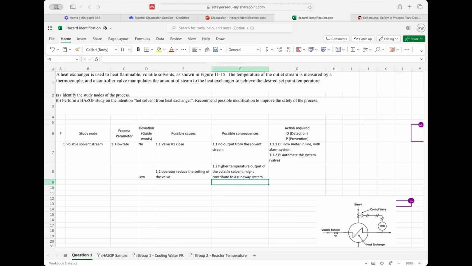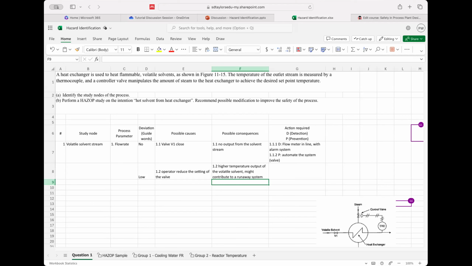When we say a runaway system, if it's going to a reactor or a mixer, you can imagine with a higher temperature, if it's supposed to come in at 25 and go out at 50, but because we lowered the flow rate, it goes to the next process at a higher temperature, instead of 50 it may go in at 60 or 70.